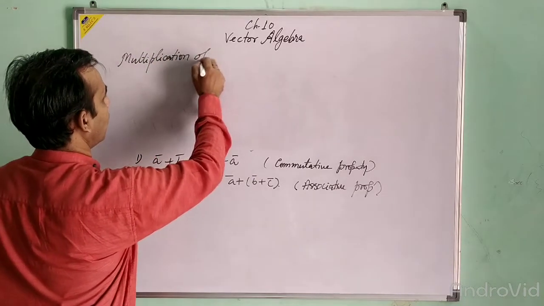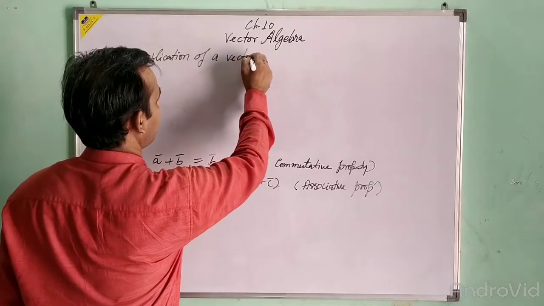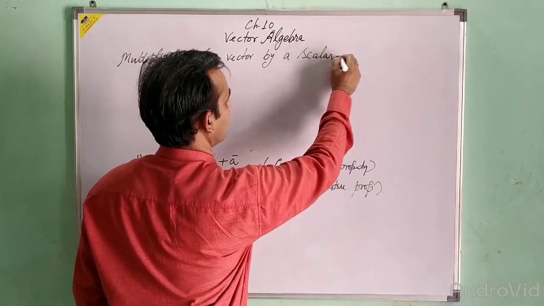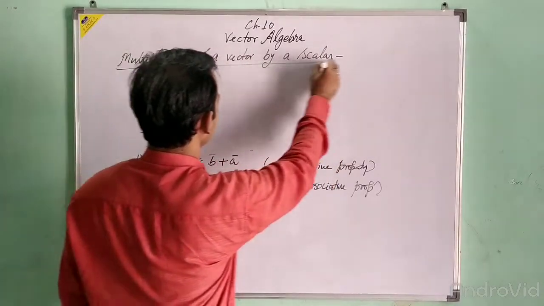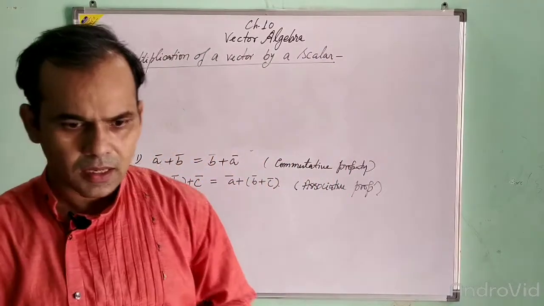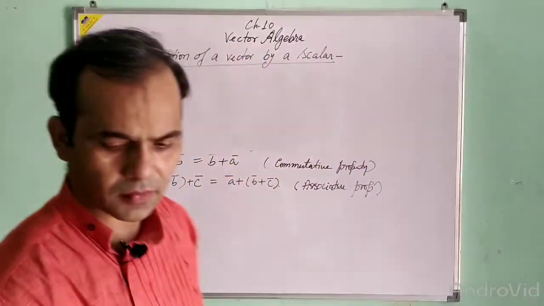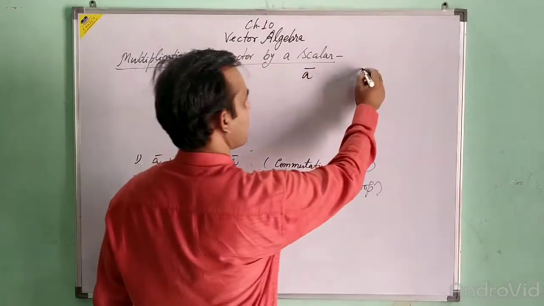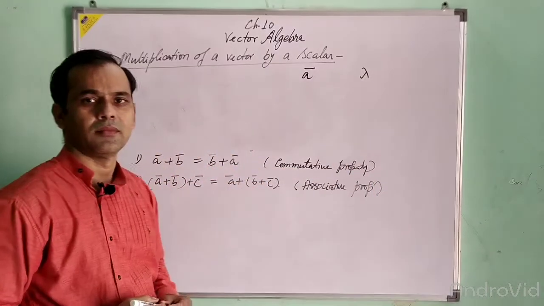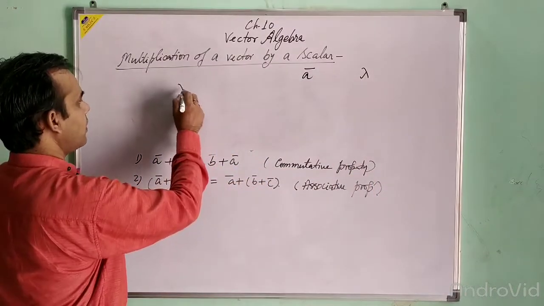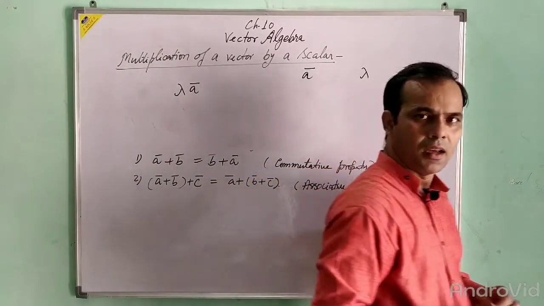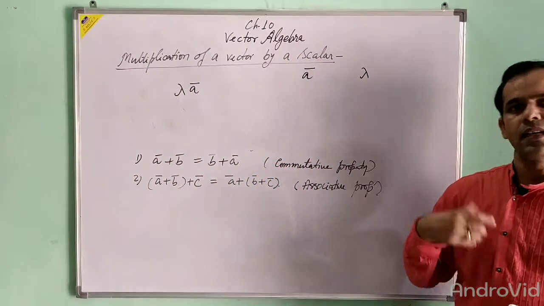Let's suppose A vector is any vector and lambda is any scalar. Then what would happen if we multiply lambda to this A vector? A vector is any vector, lambda is any scalar.